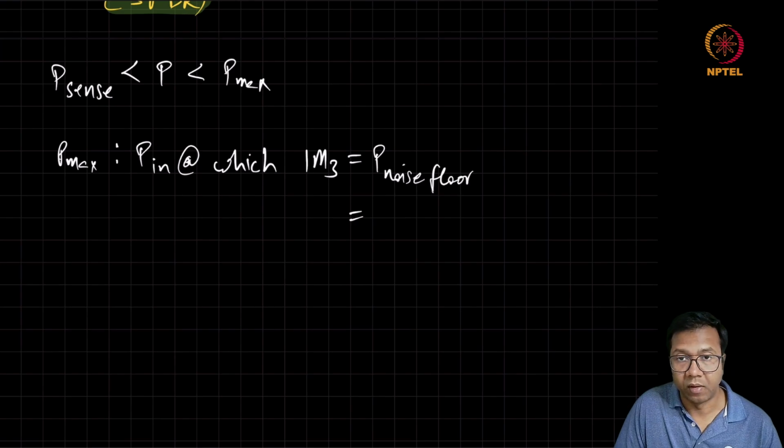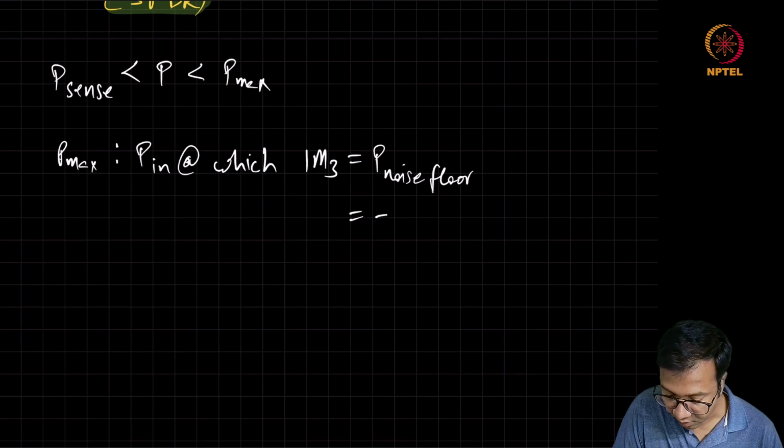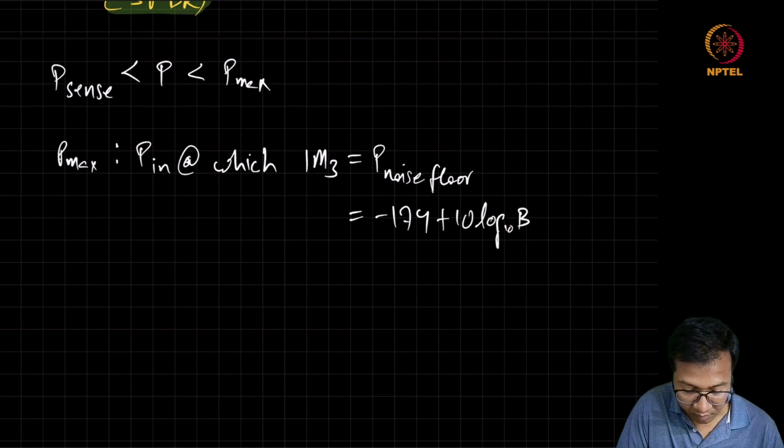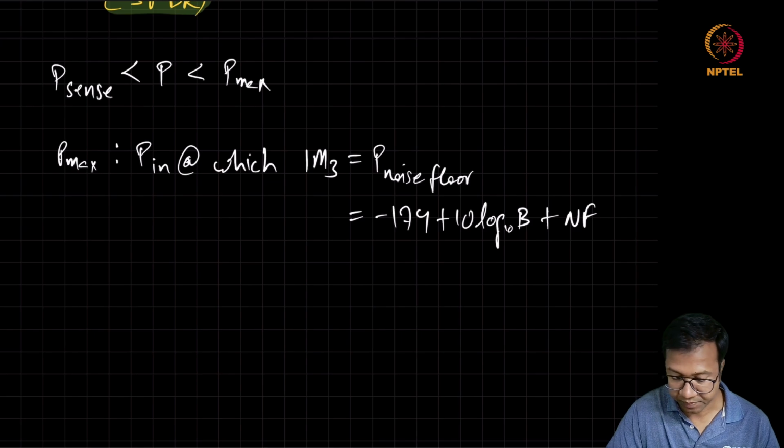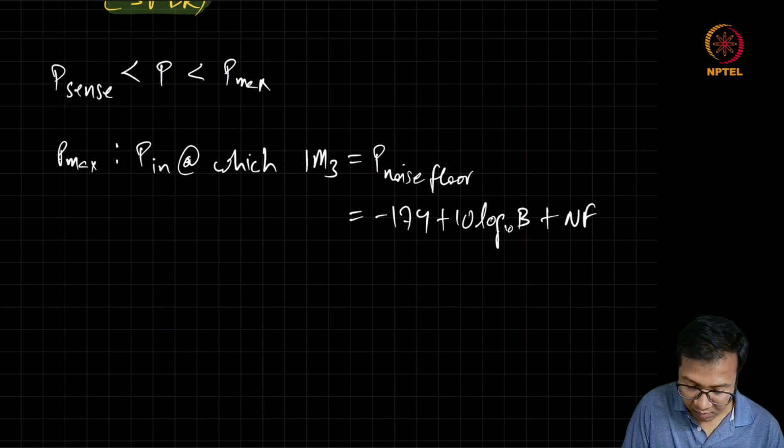The input referred noise floor, we also know, is equal to minus 174 plus 10 log B, okay, because we are integrating the noise in a bandwidth of B, plus the noise which is added by the circuit itself. So let me call it PIM3.